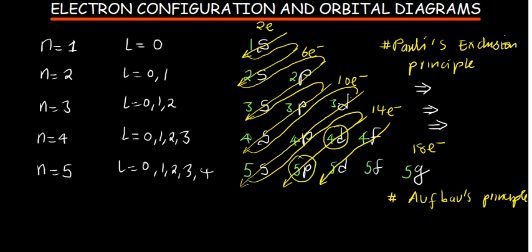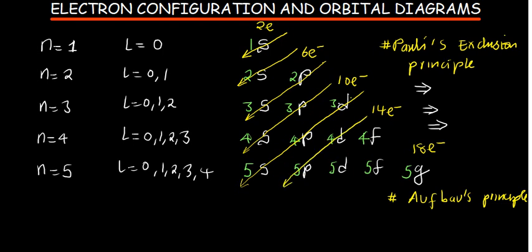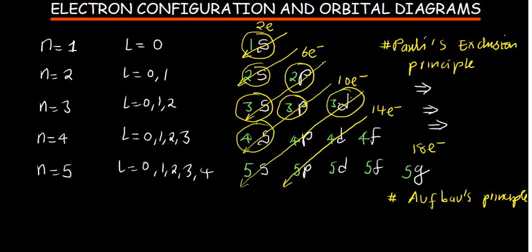So the way the arrow is going tells you which orbital has more energy than which one. The lowest energy orbital is the 1s, followed by the 2s, followed by the 2p, followed by the 3s, followed by the 3p, and then the 4s, followed by 3d, and then 4p, then 5s, and then 4d, 5p, like that.